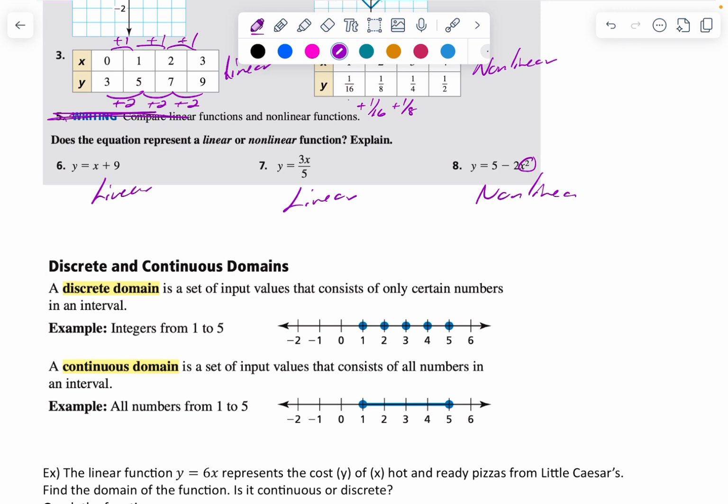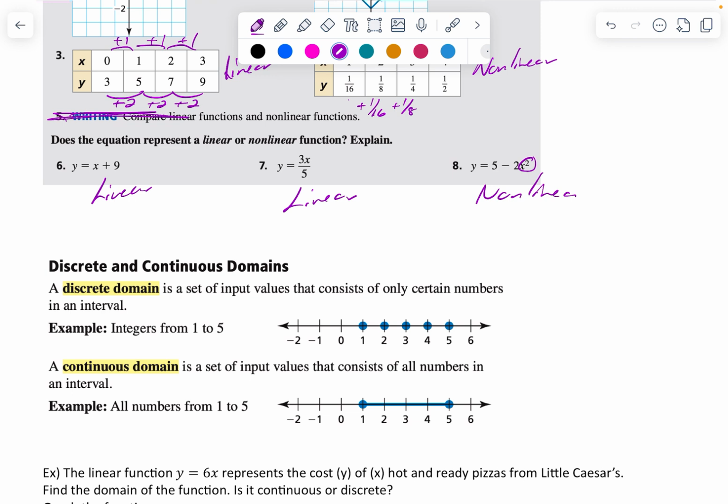If our domain represented how many tickets we were selling, that would be discrete because we can only sell whole number tickets. We can't sell 2.5 tickets or 1.75 tickets. So that would be discrete.